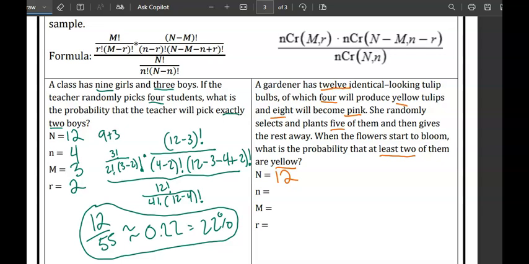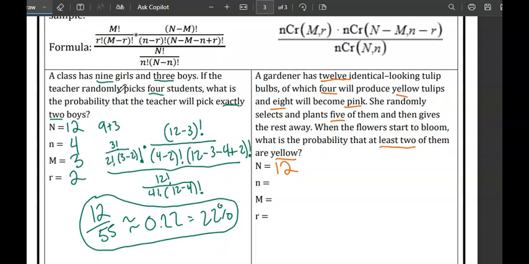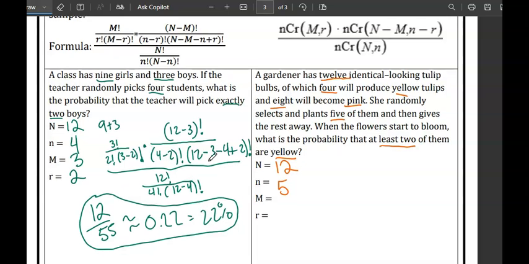For the lowercase n, that is how many there are picked. She randomly picks 5 of them. Capital M is the sample size, which is all the yellow ones, 4. And then she wants at least 2 of them to be yellow.